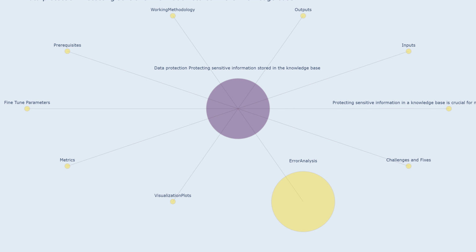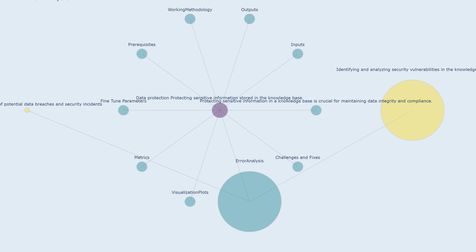Error analysis. Identifying and analyzing security vulnerabilities in the knowledge base is critical for proactive security. This involves conducting regular vulnerability assessments, penetration testing, and security audits to identify and address weaknesses in the system.